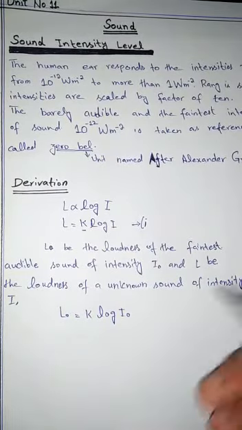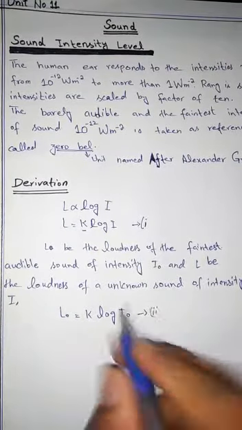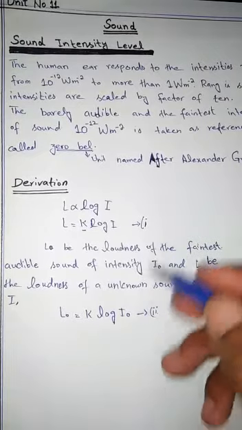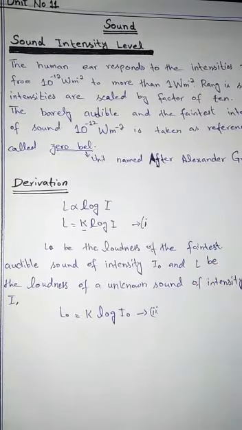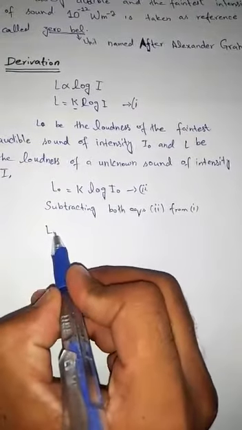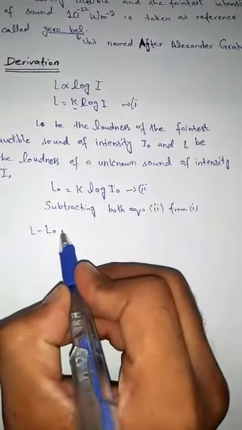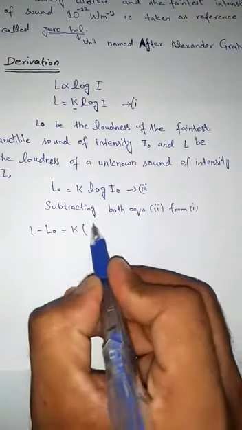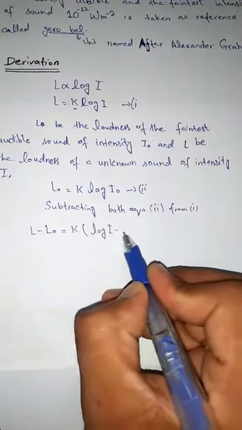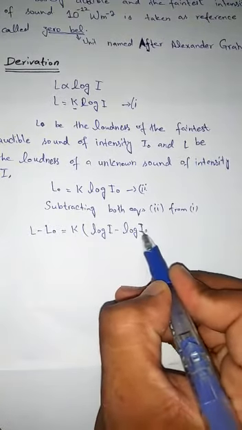Now we have two equations. By subtracting both equations, L minus L naught is equal to k into log I minus log I naught.